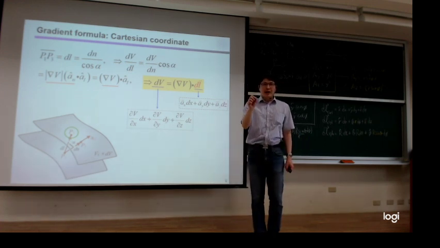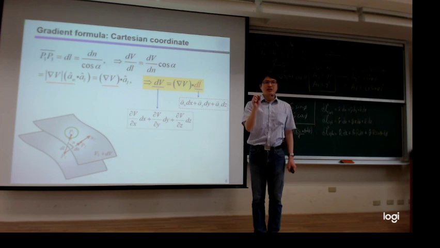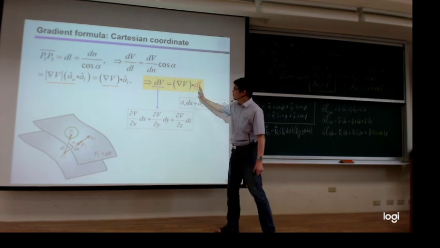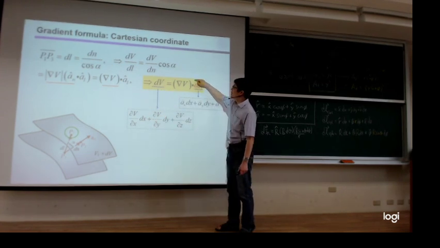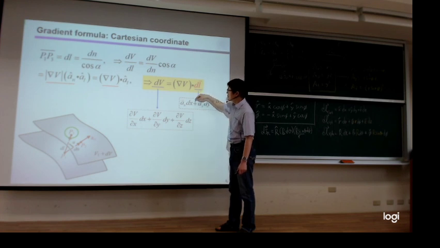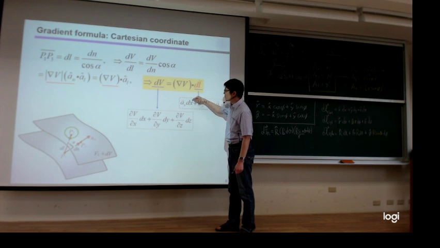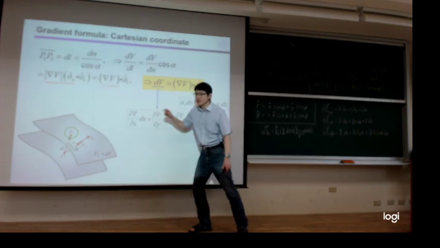So now, ask yourselves, you know the answer to the left-hand side, you know partially the answer to the right-hand side, but now you want to make a dot product of this dl with the gradient of v, also a vector, and you have this answer.